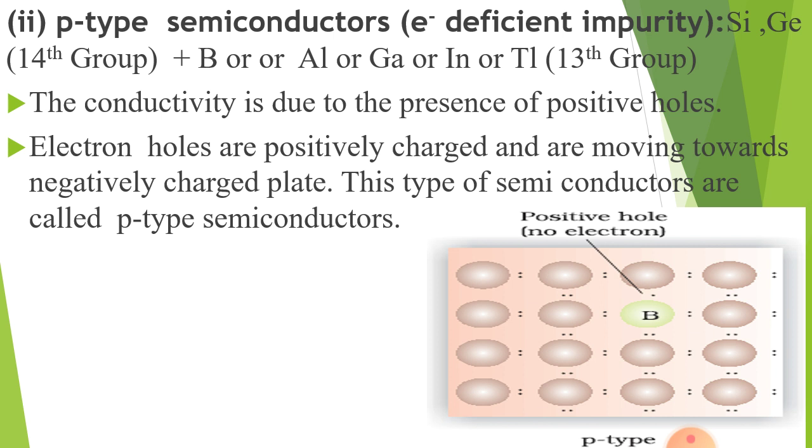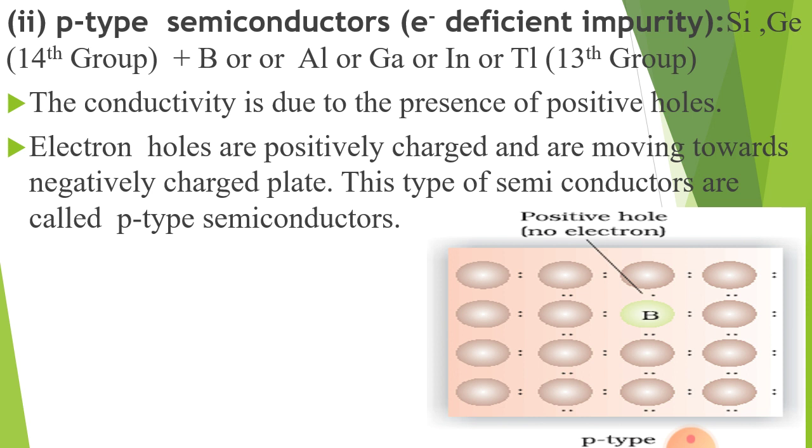That's why electron deficient holes are created. These holes behave as positively charged. That's why it is known as P-type semiconductor. The conductivity is due to the presence of positive holes. These holes are positively charged and are moving towards the negatively charged plate. Hence, this type of semiconductor is called P-type semiconductor.